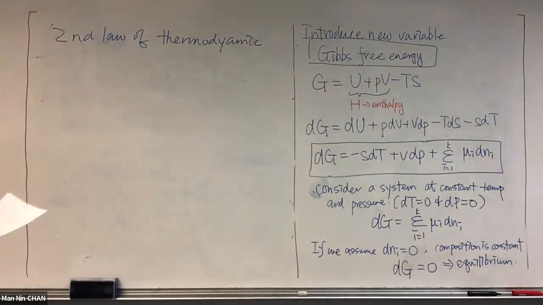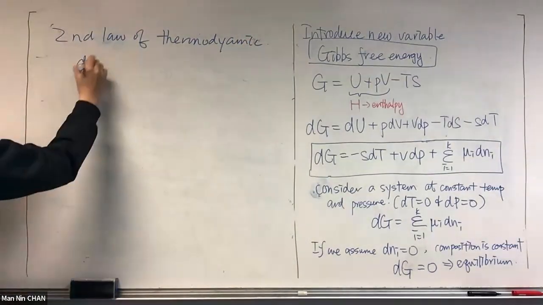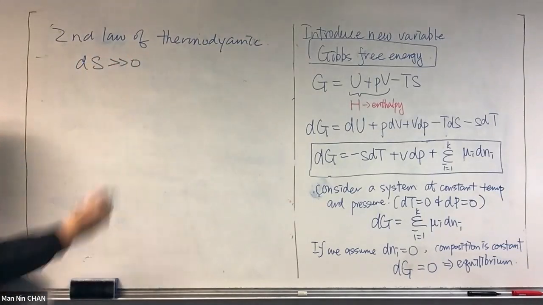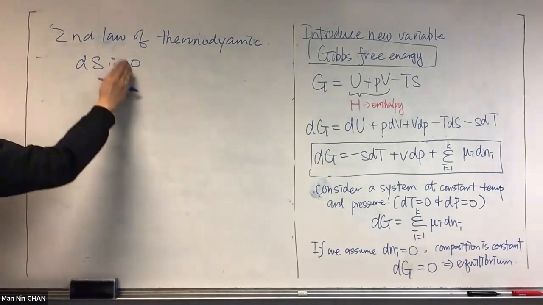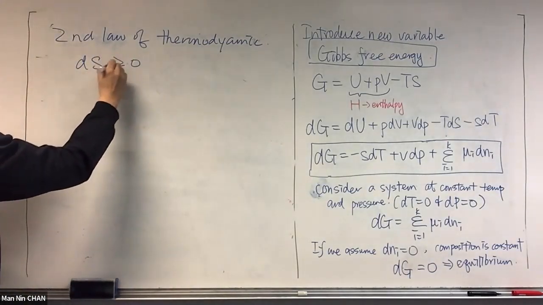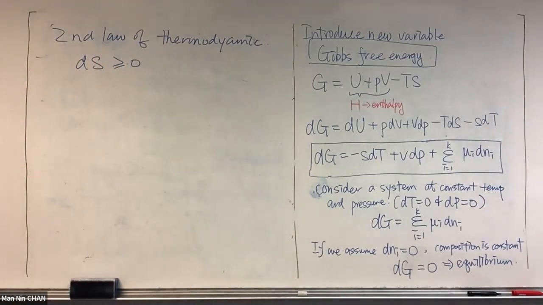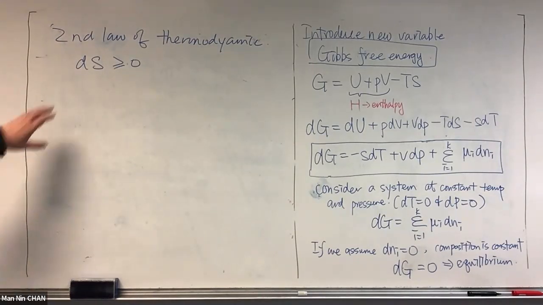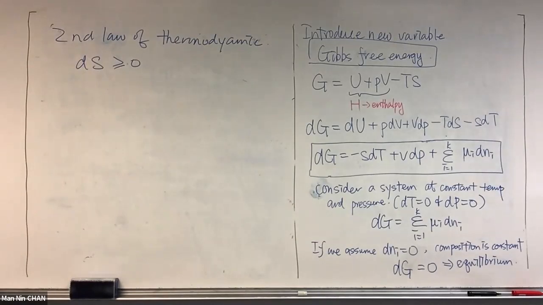I just highlight here that your dS, the change in your entropy, has to be larger than or equal to 0, because the system will always try to increase its entropy, and then reach a maximum value at the equilibrium state.